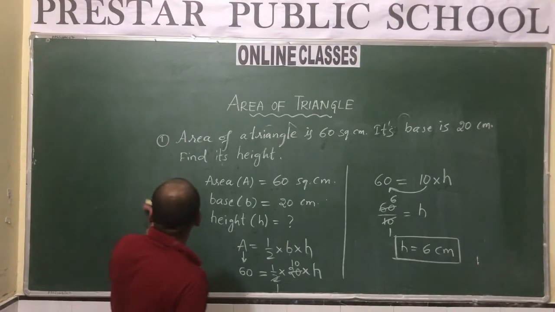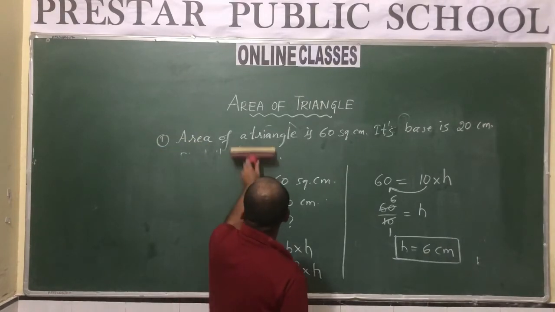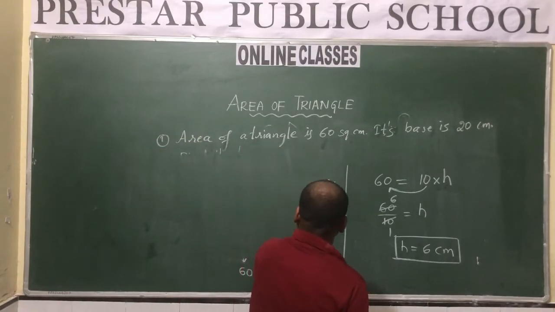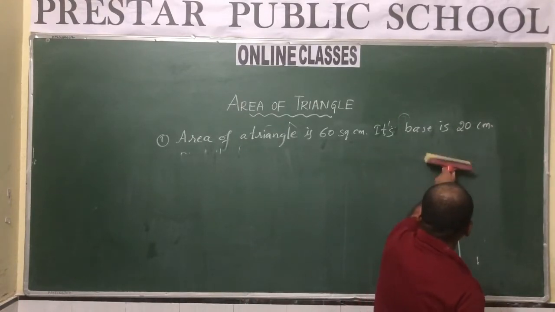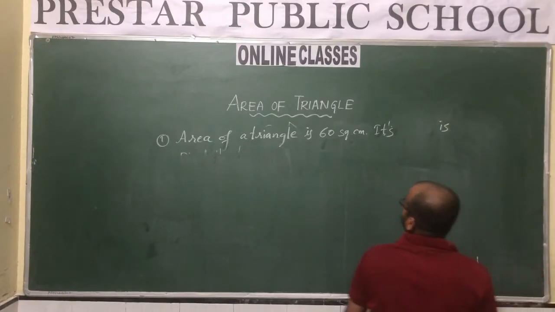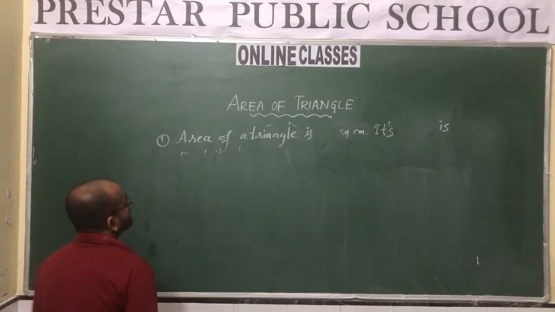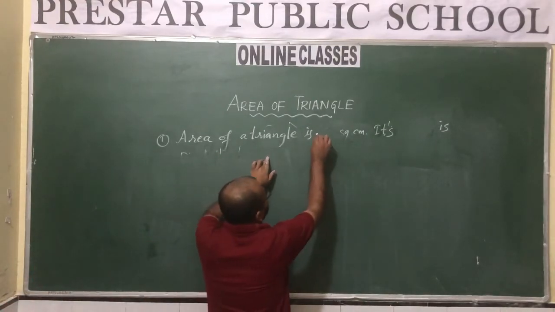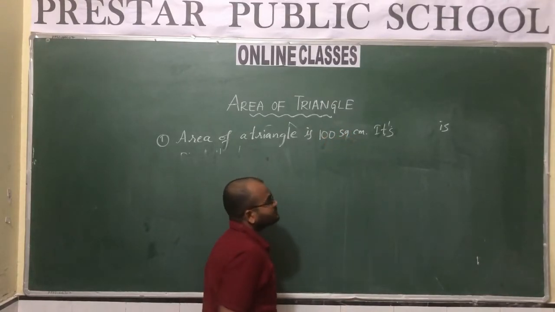Next problem. Area of the triangle is 100 square centimeters.